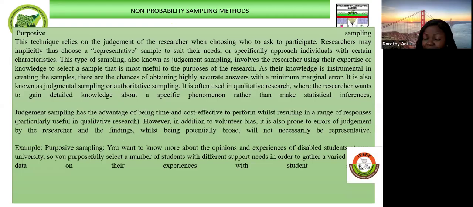So you have seen that the number one disadvantage here is, because we are relying on the expertise of the researcher, what if the researcher does not have the expertise to know that this is the real place? Like me, I am talking about soybean production.